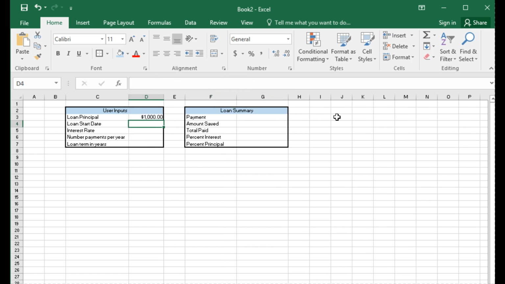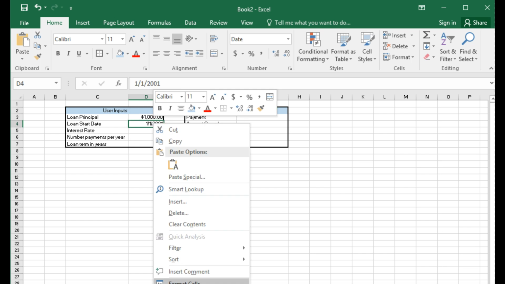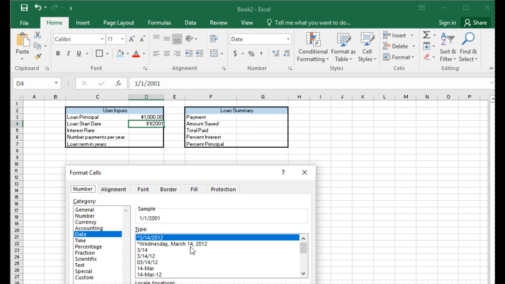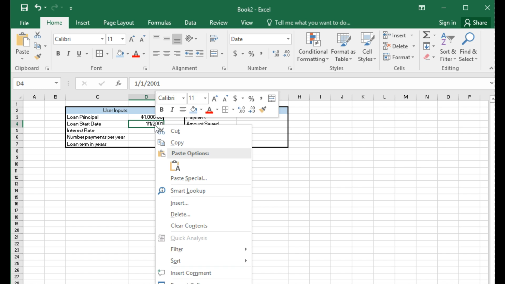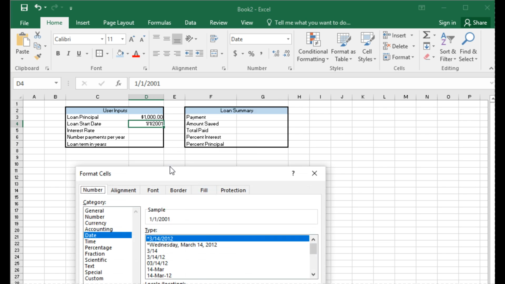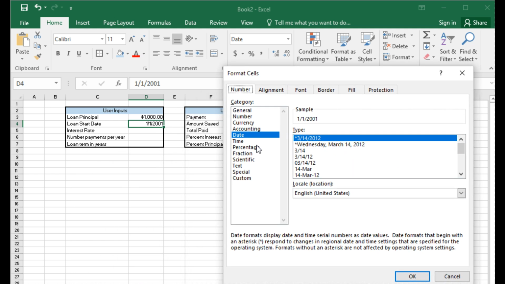Loan start date, let's say something like 01/01/2001. And we also need to tell Excel that this is indeed a date. So if you didn't see that, right click on the cell and then go down to Format Cells and then let it know that what it's working with is indeed a date.